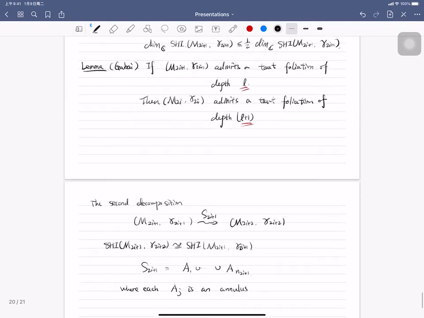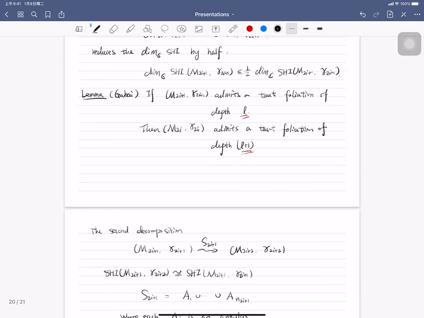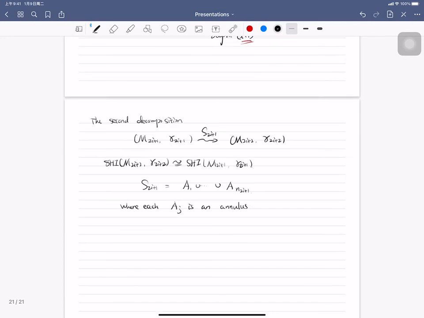So the first decomposition will reduce the dimension by half, and it's also very good, as it will only increase the depth by 1. But the second decomposition does not change the Floer homology, and also it's very good as it's a union of annuli.